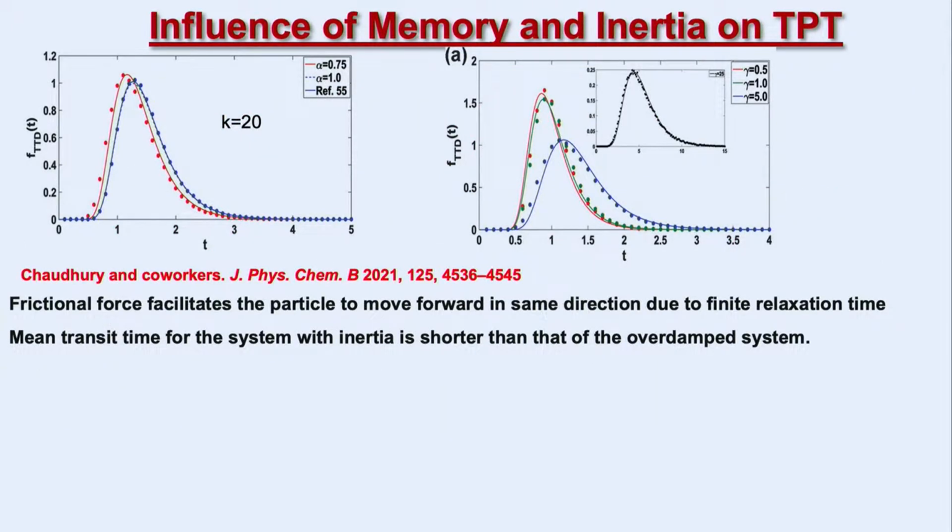Though most of these studies till now have involved overdamped dynamics, one thing that is important is that since transition times refer to shorter time scales, we wanted to get an idea of the full distribution. That means, what is the role of inertia, and that is what we did, where we included both memory and inertia in the picture.